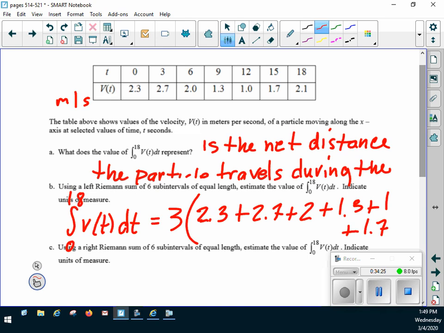Why? Because I'm doing a left-hand Riemann sum, right? Take just a minute and run that. You got 33, and it's distance traveled, 33 meters.